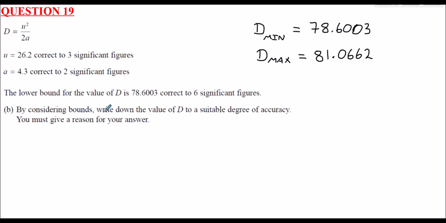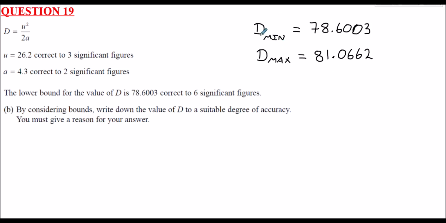So by considering bounds, write down a value of D to a suitable degree of accuracy. So what we're going to do here is go for the largest degree of accuracy we can, where if we rounded both D min and D max to that same degree of accuracy, both answers would be the same.